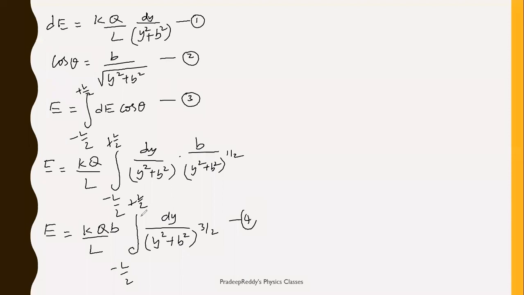Okay, so this is the integration which you need to evaluate. This integration part you need to derive. In order to derive it, what I do, this is the rod. Observe carefully. This is the rod. This length I am considering as y, and this is b.